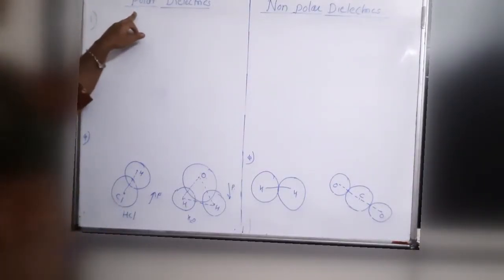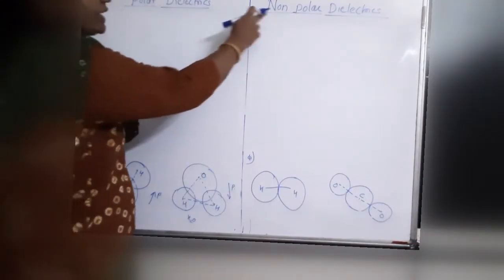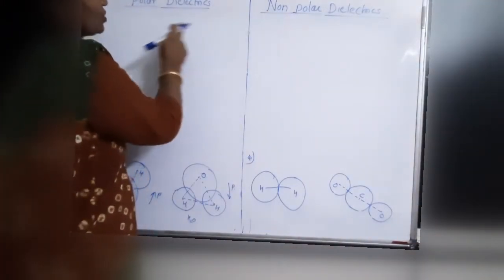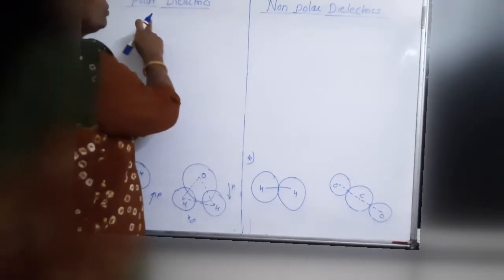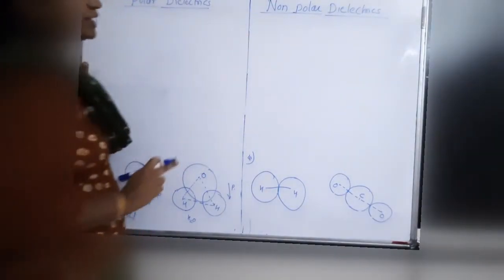There are two types of dielectrics: polar dielectrics and non-polar dielectrics. So here we find the difference between polar dielectrics and non-polar dielectrics.